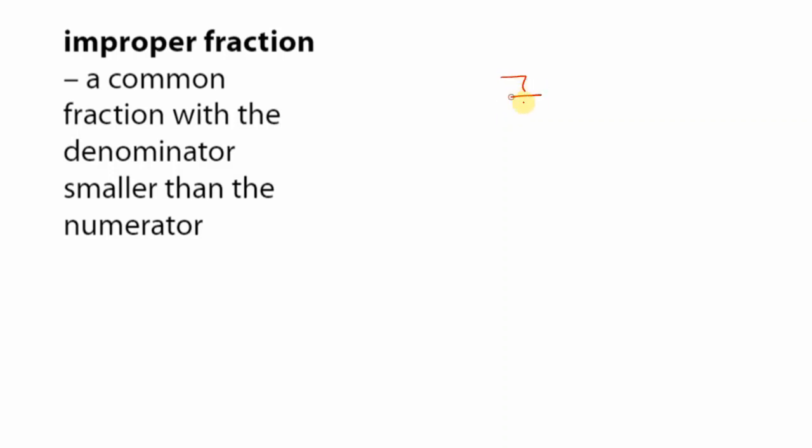So 7 over 3 is, for example, an improper fraction because the numerator is bigger than the denominator. Similarly, 5 over 2 will be an improper fraction because the top portion, the numerator, is larger than the bottom portion, the denominator. But 4 over 5 will not be an improper fraction as the numerator is smaller than the denominator.